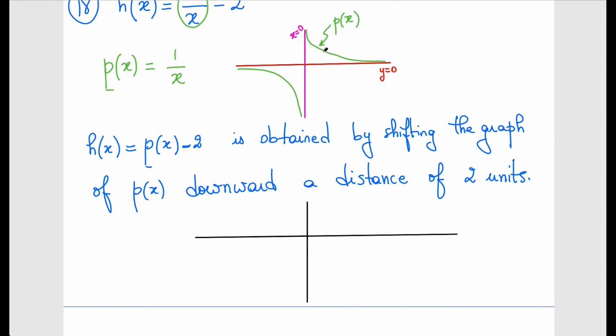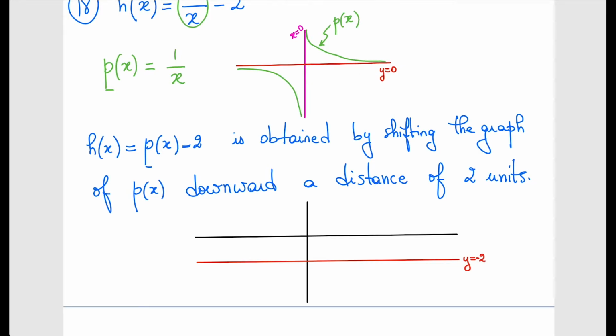So what you see in green now is gonna be shifted downward 2 units. So this horizontal line y equals 0 is gonna now become, let me just make it a solid line, the line y equals -2, right? We're shifting everything down by 2, so that line is gonna also be shifted down by 2.